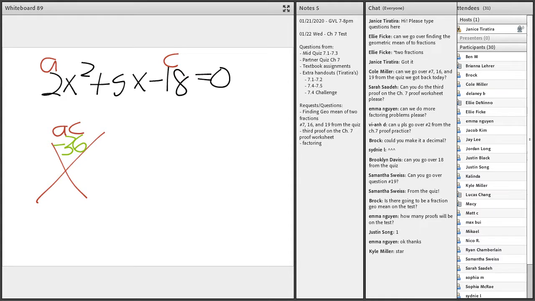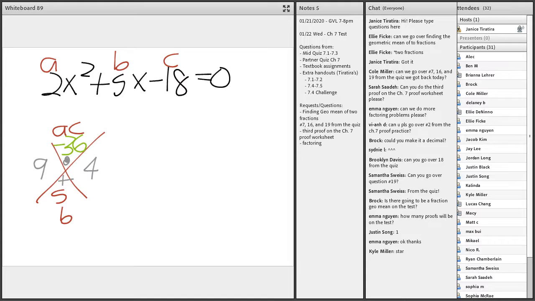Then you take B, which is the middle number, and now we're trying to figure out what numbers multiply to negative 36 and add to 5. So the only combination that I can think of is 9 and 4. One of them has to be negative, and it has to be negative 4.